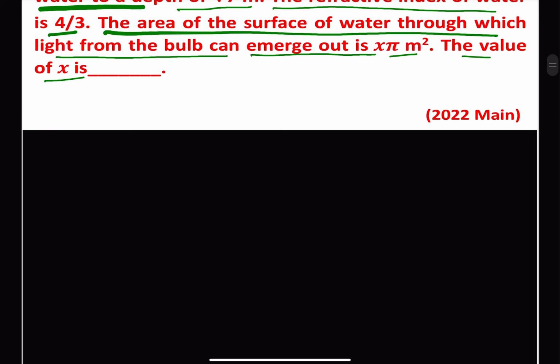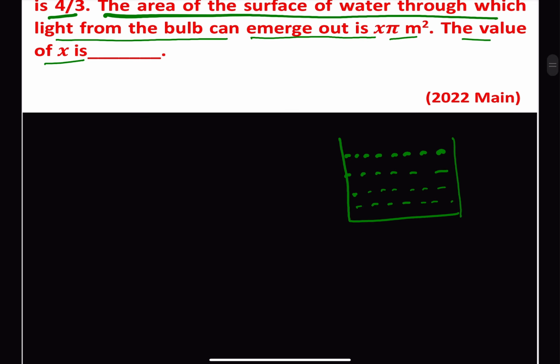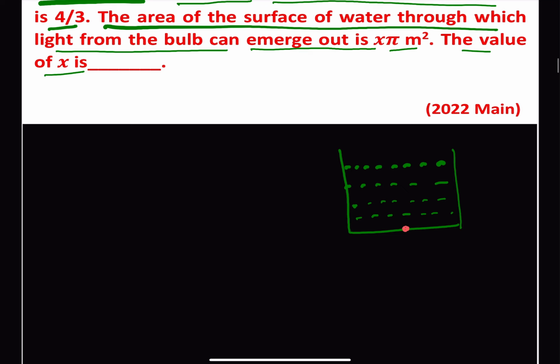Let us suppose this is our tank and water, and we have a bulb that is placed at the bottom somewhere here, and it says the area of surface of water through which light from the bulb emerges out. So the light of the bulb emergence is given by some area.